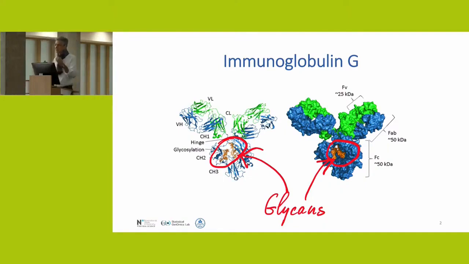Well, it's very unfortunate it is not in some older textbooks, because it's actually very, very important. If you remove this glycan from IgG, it totally loses its effector function. It cannot induce ADCC anymore. So it is very important.